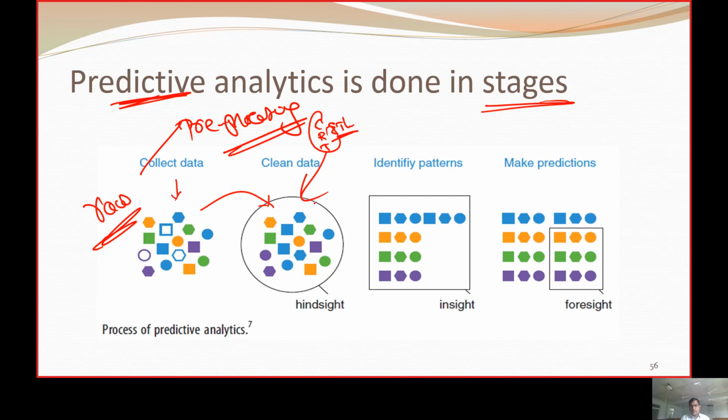Later on, we need to understand or diagnose the patterns. You can see there is an orange color, a green color, a blue color. There is a rectangle, a hexagon, a circle, or a square. We have a lot of symbols and shapes.